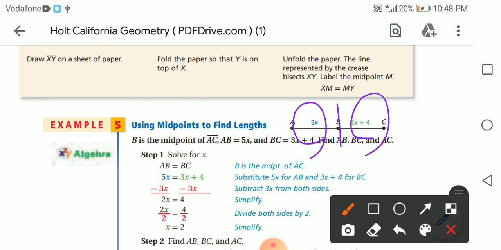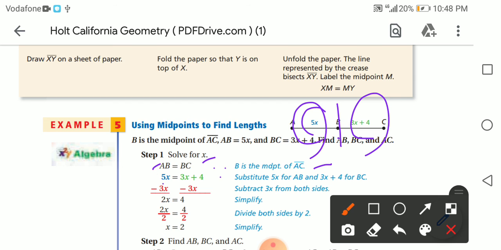Why? Because B is the midpoint of AC. So solve for x: AB equals BC. Substitute 5x instead of AB, and 3x plus 4 instead of BC.